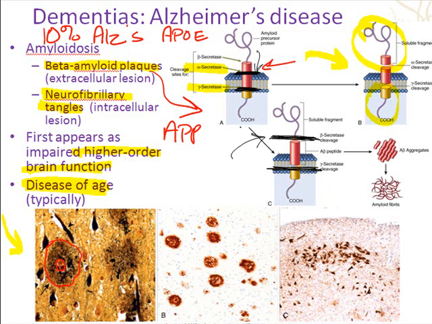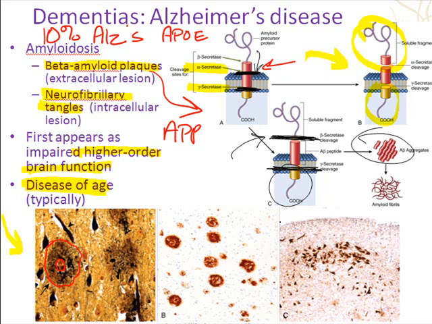The problem with that is that now I don't have these nice soluble fragments that I previously had. Instead, I have beta amyloid. That's this guy here. Those beta amyloids begin to accumulate externally to the cell, and the insoluble portion from the other cutting gets internalized, and we get the formation of these neurofibrillary tangles.